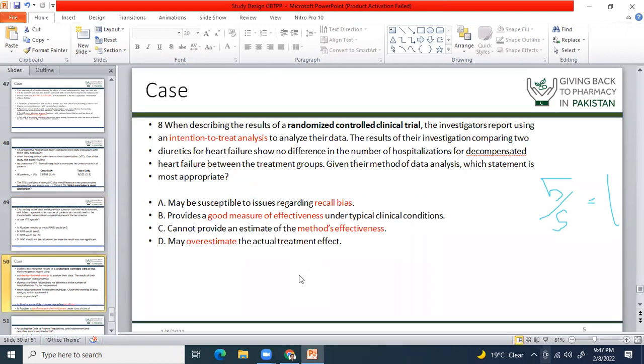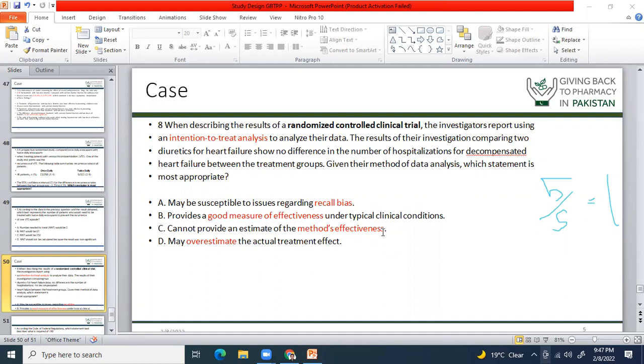Question number 8. When describing the result of a randomized control trial, the investigators report using an intention to treat analysis to analyze their data. The result of their investigation comparing the two diuretics for decompensated heart failure shows no difference in number of hospitalizations between the treatment groups.